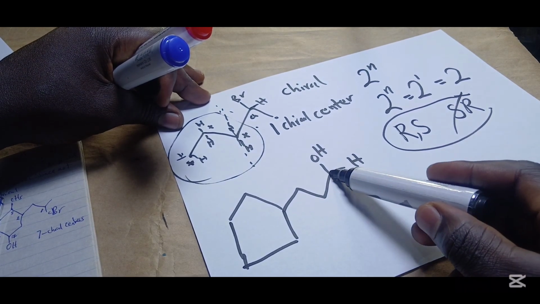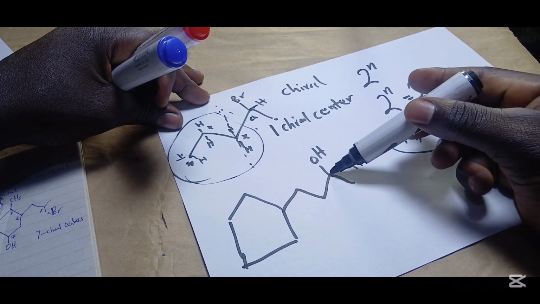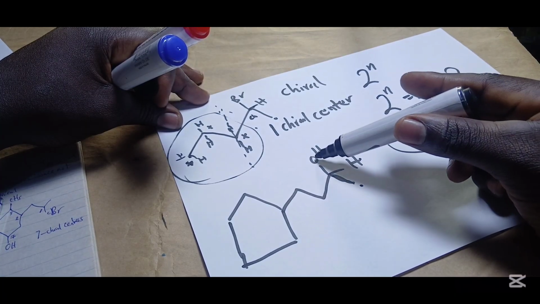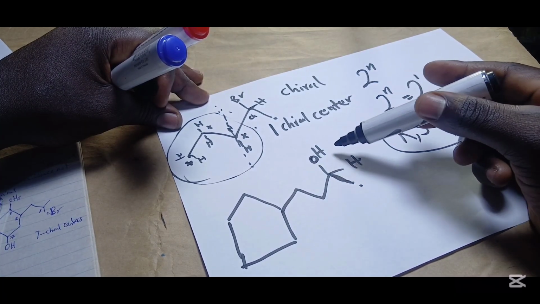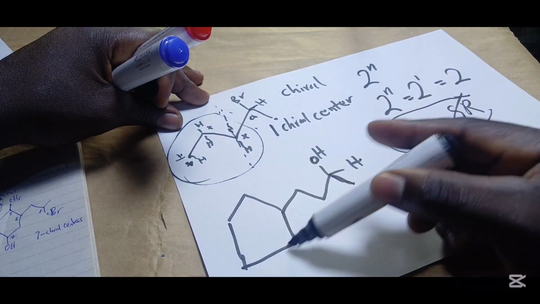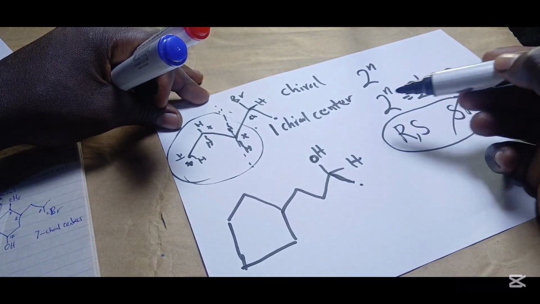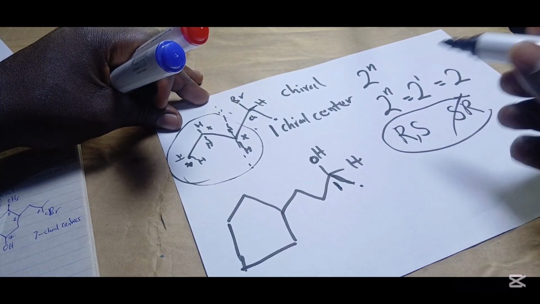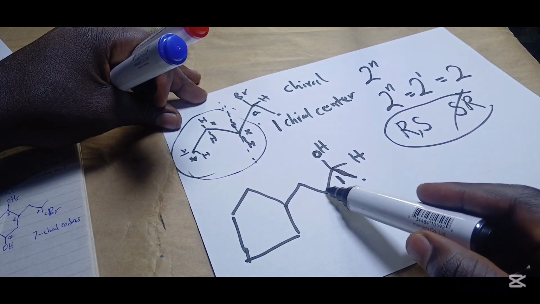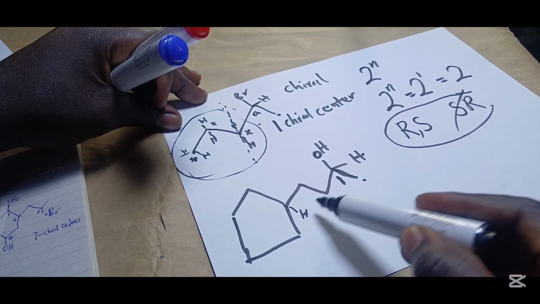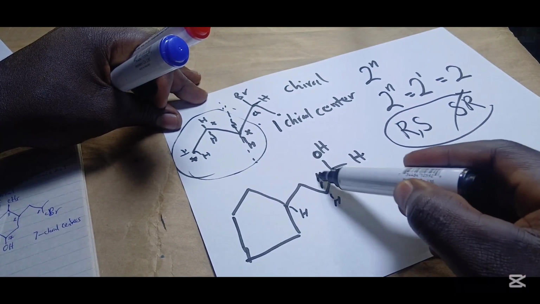So we have a carbon here attached to hydrogen, attached to a methyl group, attached to a hydroxyl group, and also attached to another substituent here. Definitely it has 4 different groups attached to it. So this carbon here is chiral. Well, this is not chiral because we have 2 hidden hydrogens here.